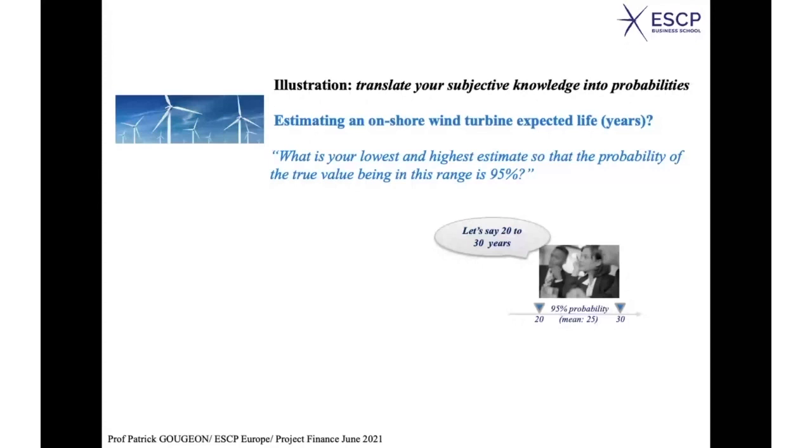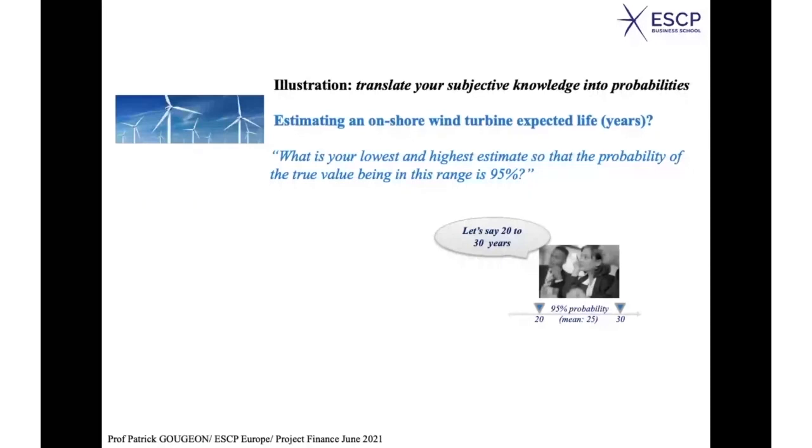So this is your answer, okay? 95% probability to be between 20 and 30 years, with a mean which is 25, which is your best guess to a certain extent. You probably consider that it is more likely to be in the center of the range rather than being at the extreme, okay? So the mean is 25.